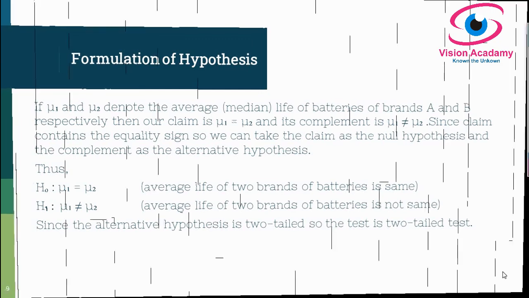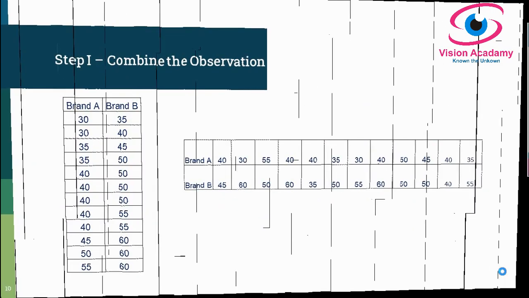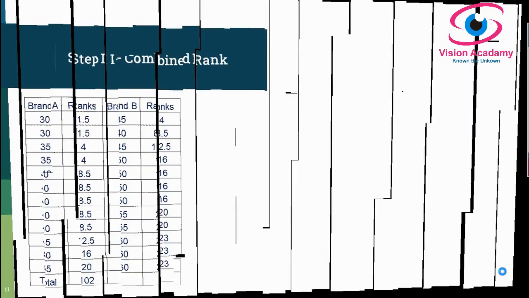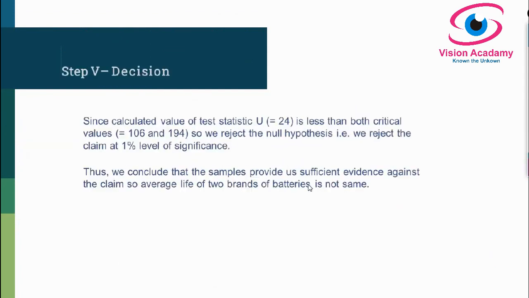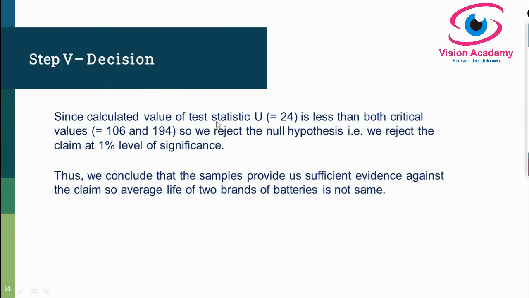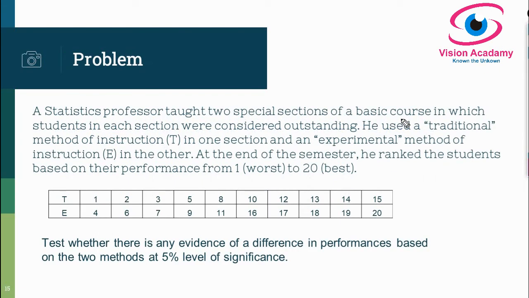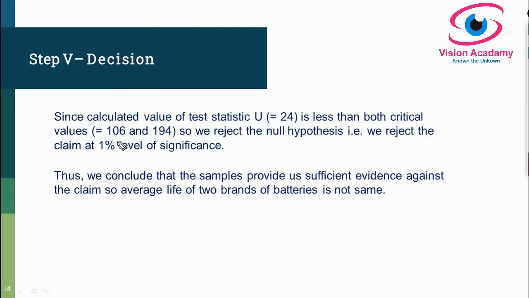If your tested value lies between the lower critical value and the upper critical value, then we do not reject the null hypothesis. So you can see, since the calculated value of the test statistic U, 24, is less than both the lower critical value and the upper critical value, we reject the null hypothesis, that is, we reject the claim at the 1% level of significance.